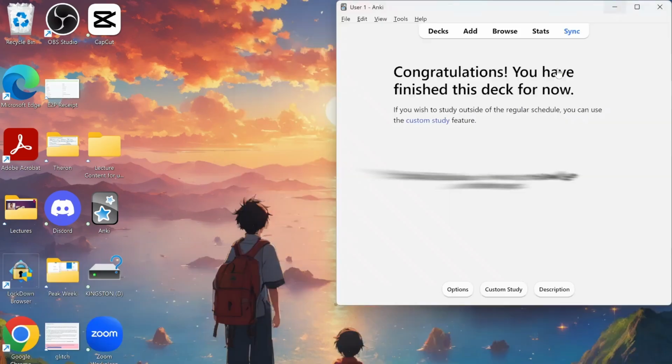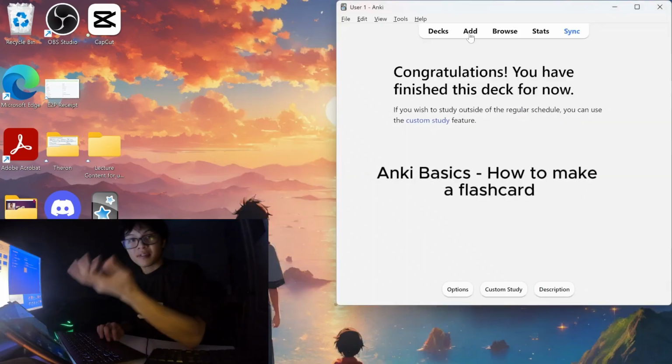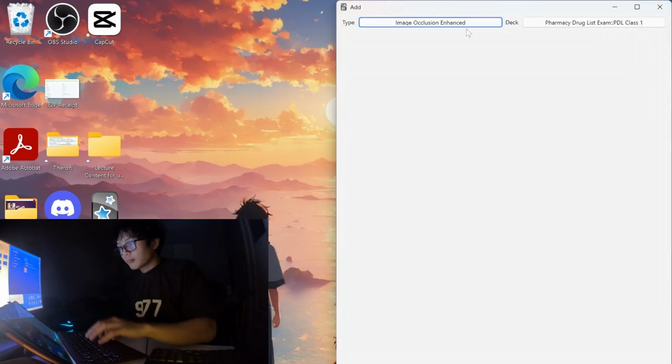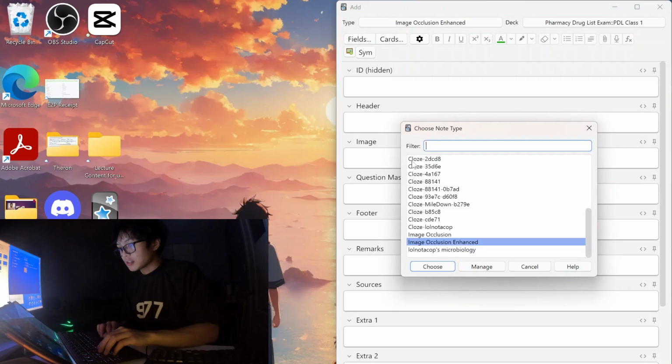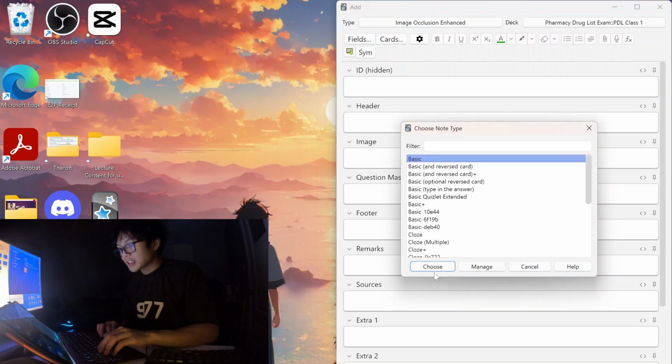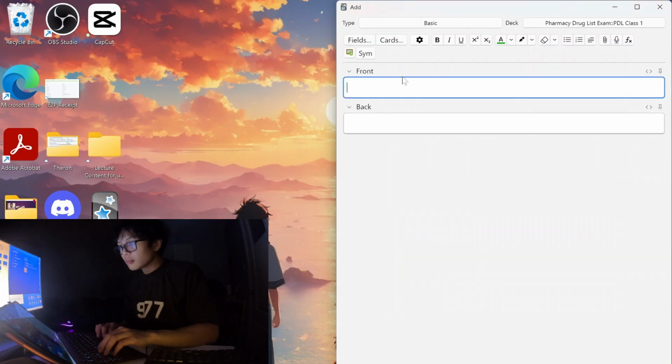Okay, so once we've made our deck, we can start making flashcards. To make a flashcard, you click on the add button, and we won't use image occlusion yet. We'll just use the basic flashcard type, which is what a lot of users tend to rely on.